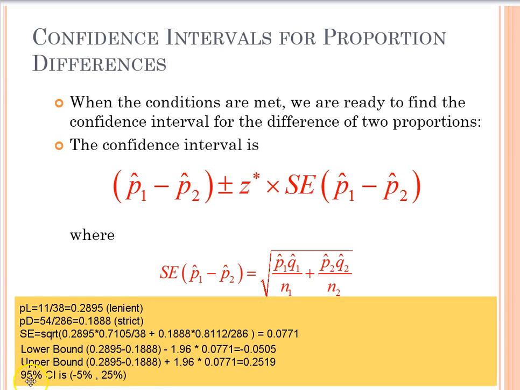So now that we have the 95% confidence interval, we can say we're 95% confident that the true proportion falls within this. But we can say a little bit more about which group we think is larger and which group we think is less than the other group.